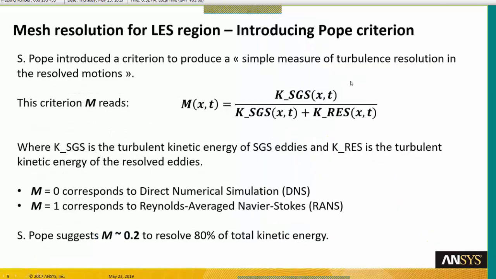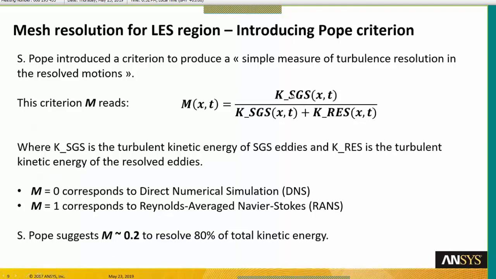Yes, at this point it's a nice variable to introduce. I don't know if you're familiar, but Stephen Pope introduced some time ago a criterion to produce a simple measure of the turbulence resolution in the resolved motions. This is the Pope criterion, M, and you have the definition here.